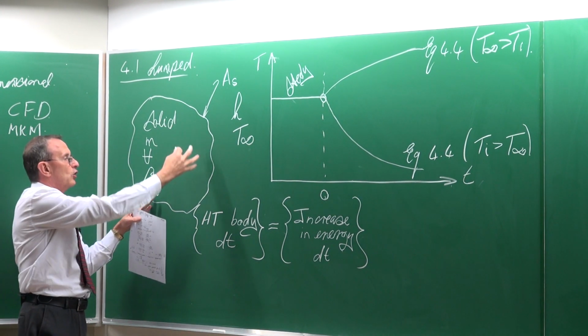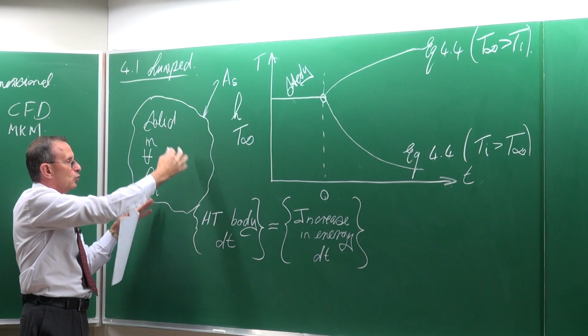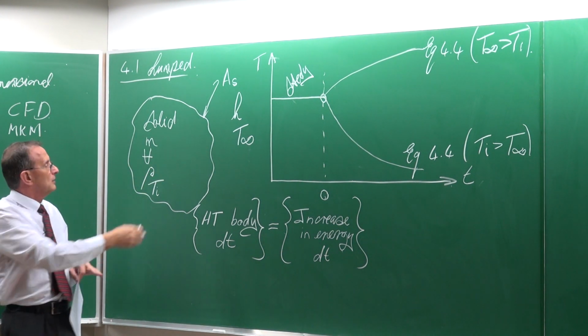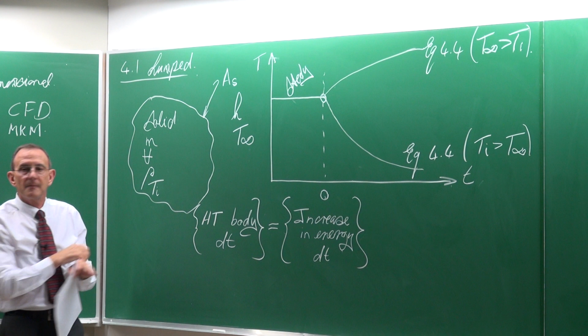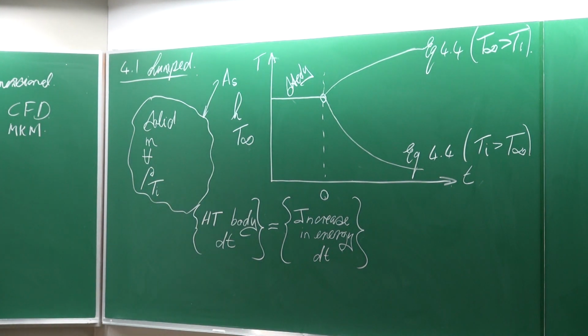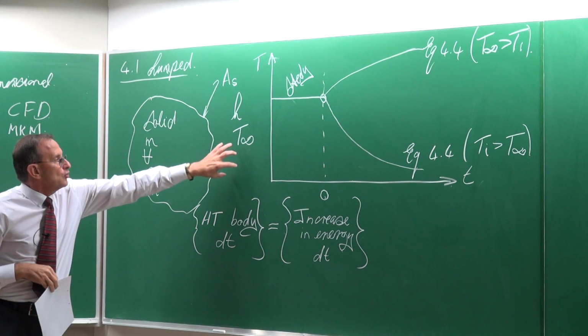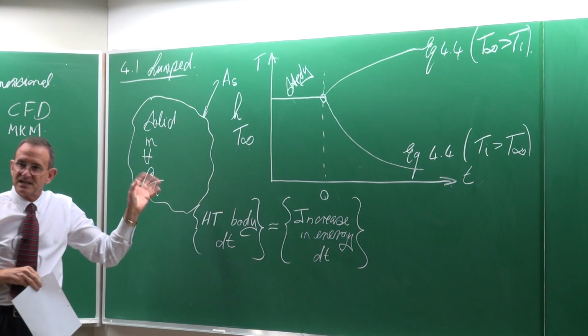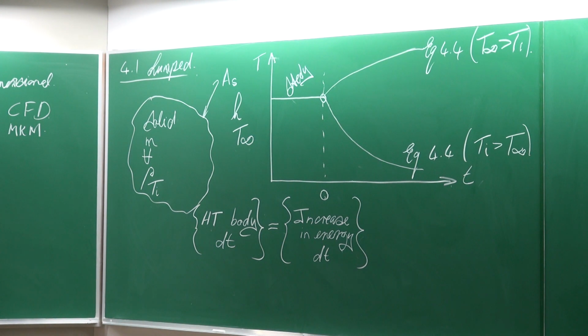If this is a volume with water in it, 200 liters, and I would like to add some water to it at 10 liters per second, then the 10 liters per second is equal to the increase in the mass of the volume, isn't it? So it's a very simple concept.